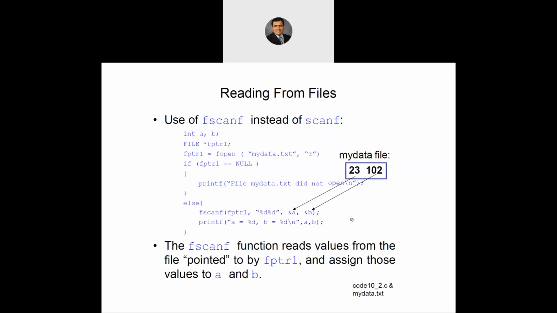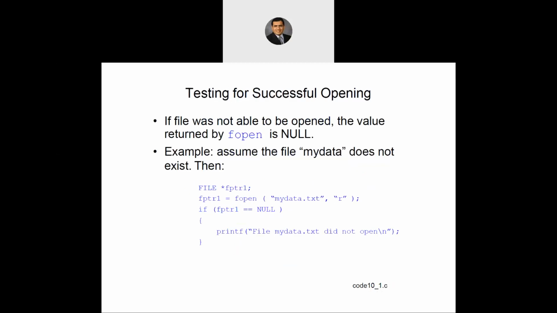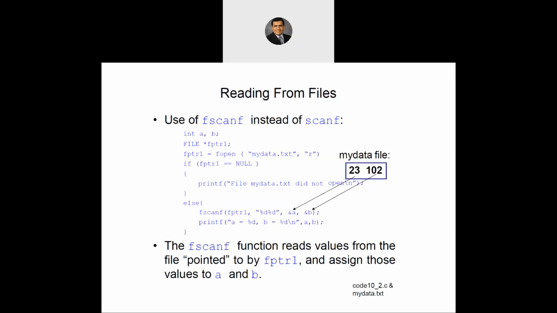Another example, look over here. When you read something from the keyboard, you use scanf. You already know that. When you read from a file, you use the fscanf function. Okay, just like scanf, but reading from a file.